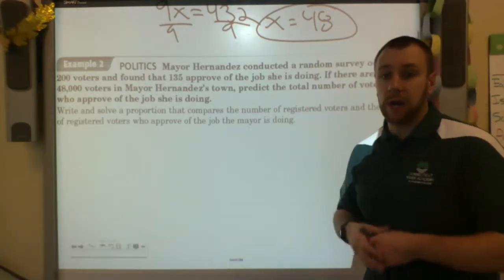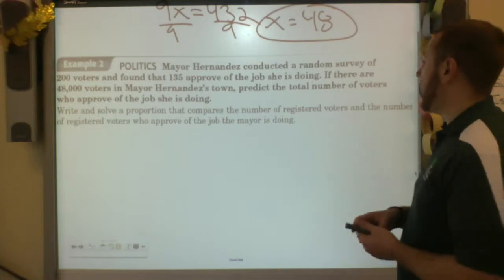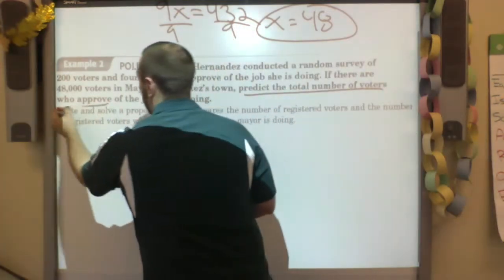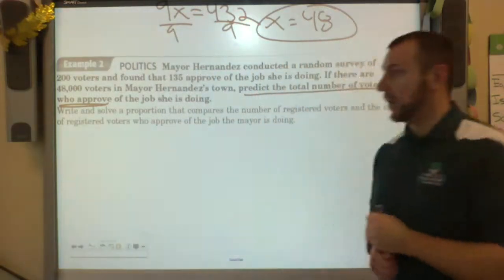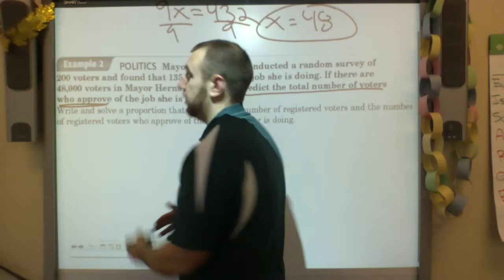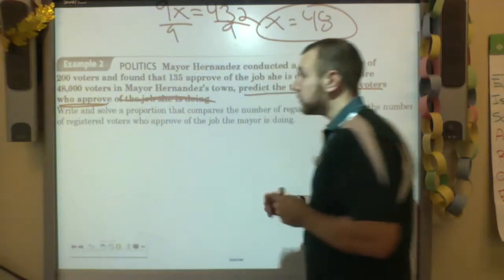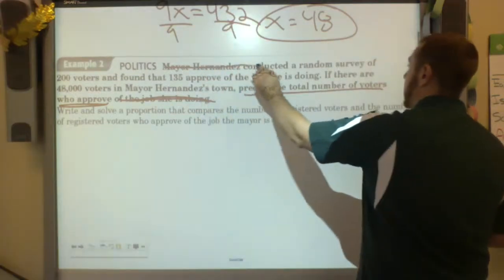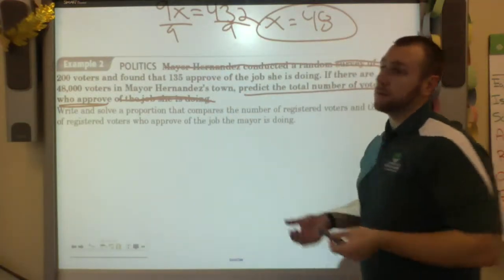So your job, the question that you are going to be asked, is predict the total number of voters who approve. Okay? I don't care what they approve of. Okay? I also don't care that it was Mayor Hernandez, and if it was a random survey.